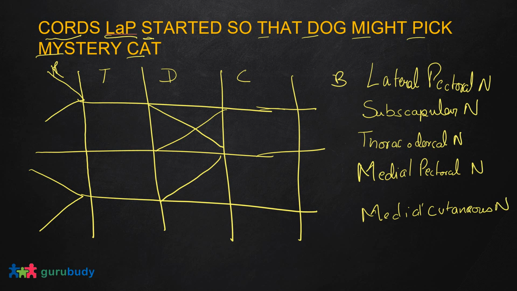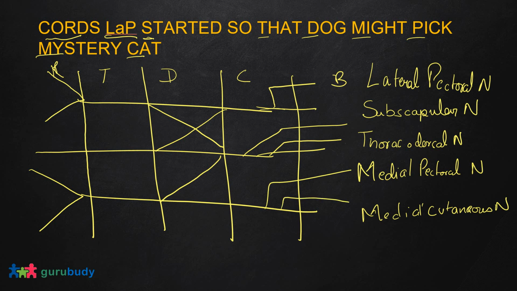Okay, so firstly the lateral pectoral nerve, then comes the subscapular nerve, thoracodorsal nerve, then medial pectoral nerve and medial cutaneous nerve.